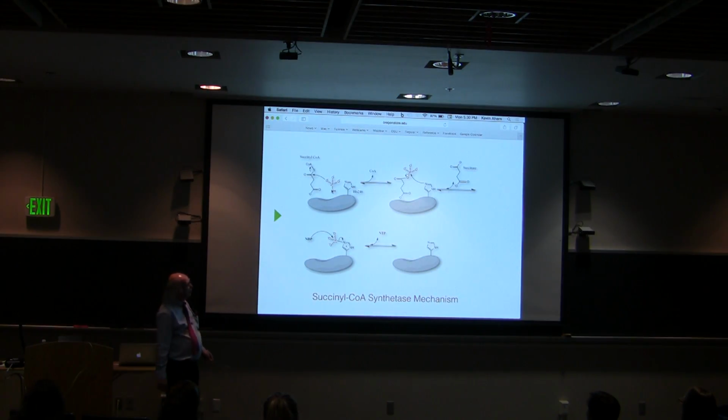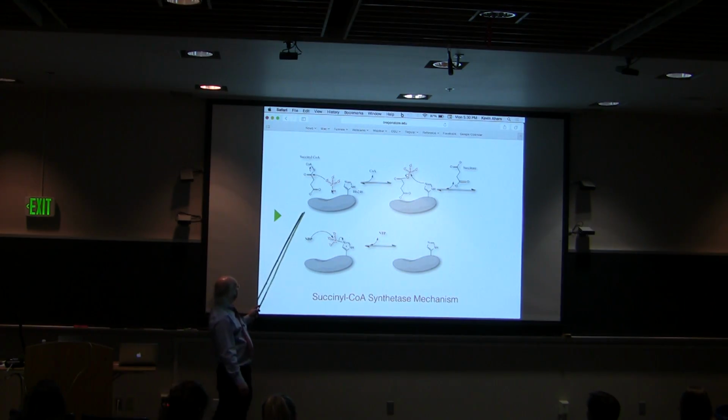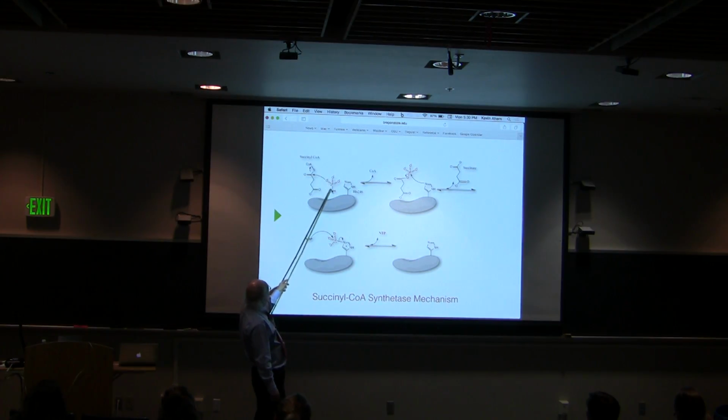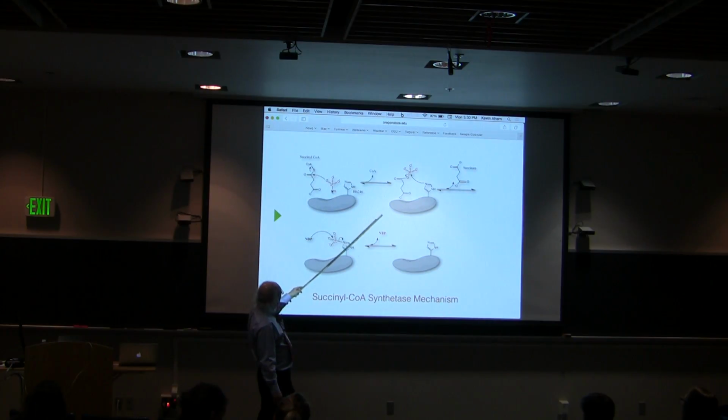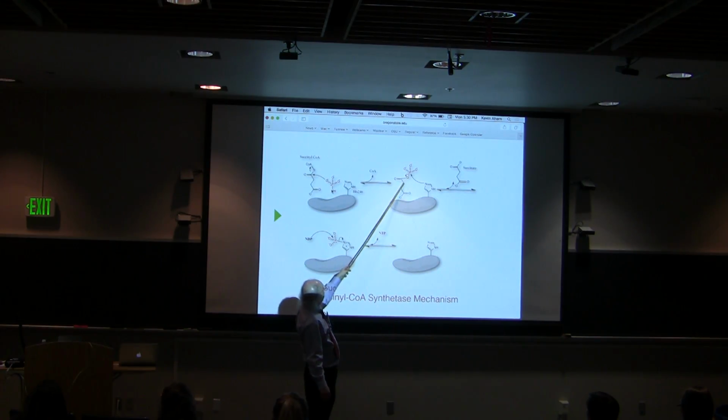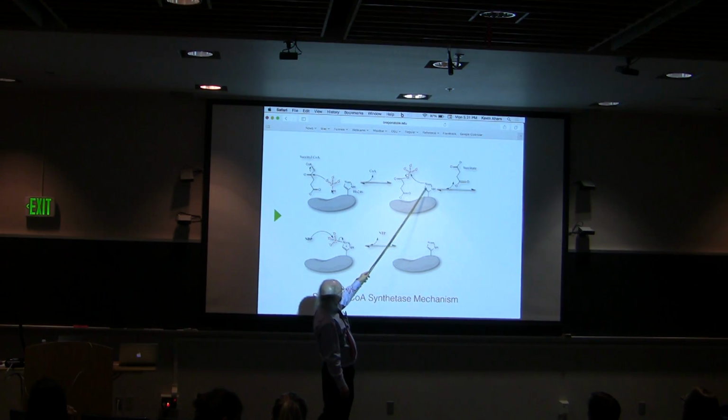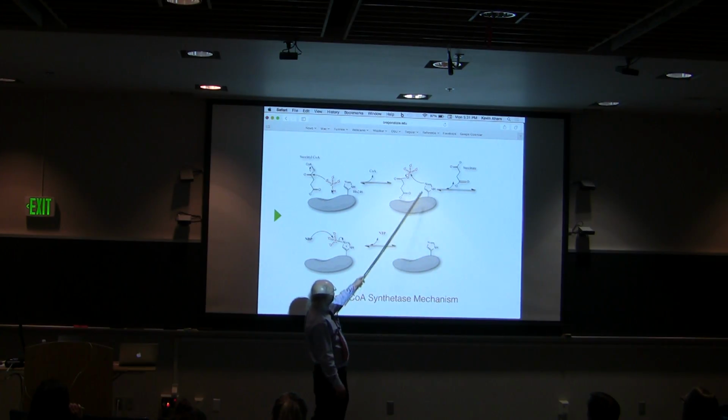I showed briefly the mechanism here by which this occurs involving a phosphate, which makes a nucleophilic attack here. That attachment at this point causes the release of the coenzyme A and provides a target now for attack by the electrons on this nitrogen.